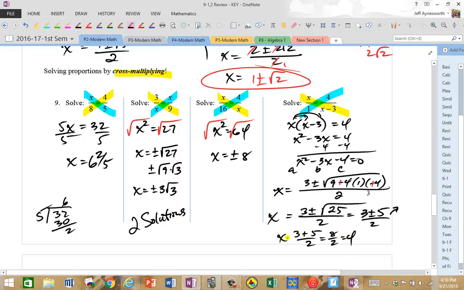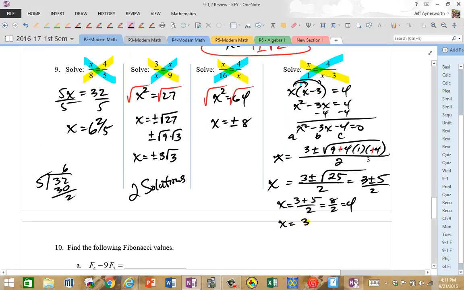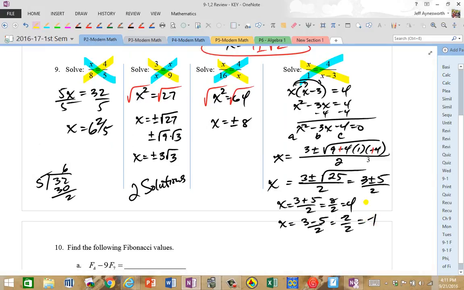So that's one solution. Next solution. Right here, I guess. 3 minus 5 divided by 2 is negative 2 divided by 2, or negative 1. So my two results are 4 and negative 1.